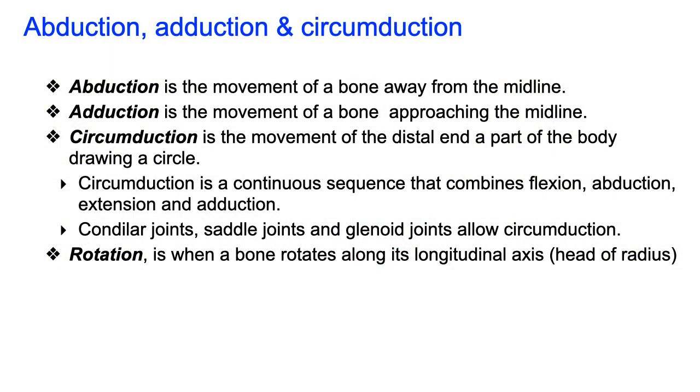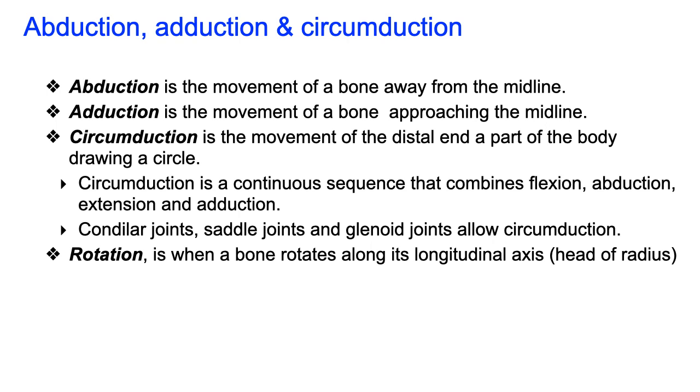Abduction is a movement away from the midline, while adduction is a movement towards the midline. I know they sound very similar, so don't get confused with that. When we combine flexion, extension, abduction, and adduction, we can produce circumduction, which is a complex movement that requires condylar, saddle, or glenoid joints.